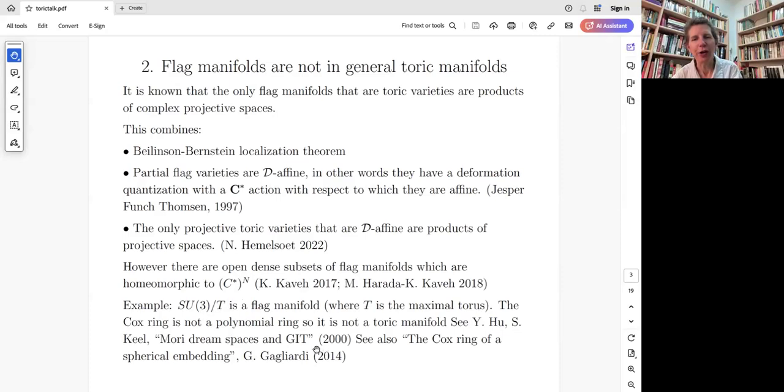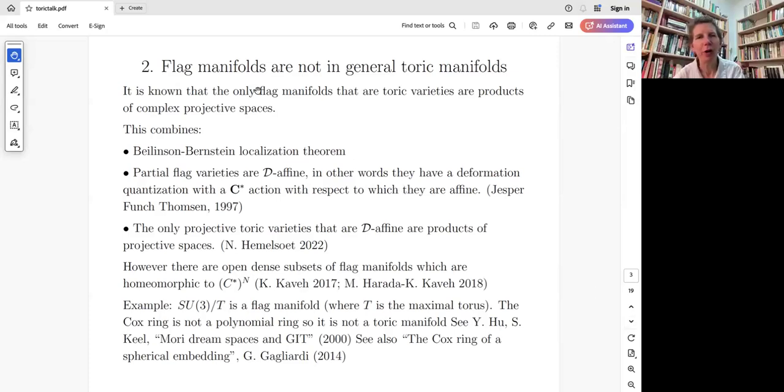There's also an argument about Cox rings of a spherical embedding due to Gagliardi. So that's how we know that flag manifolds are not in general toric manifolds, quite rarely toric manifolds.